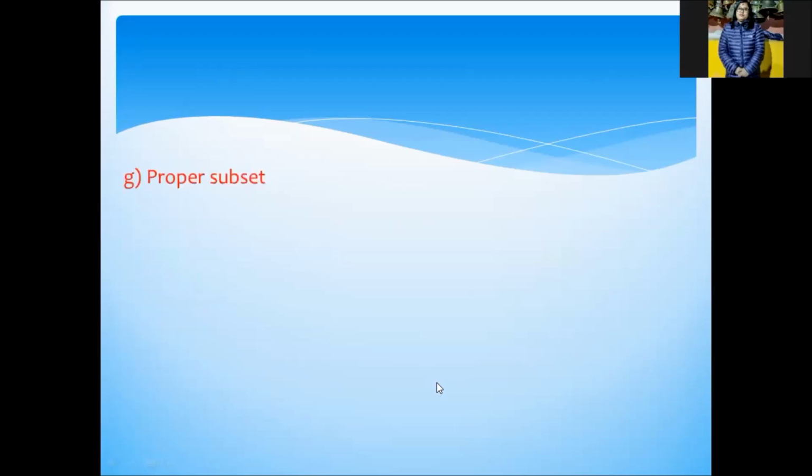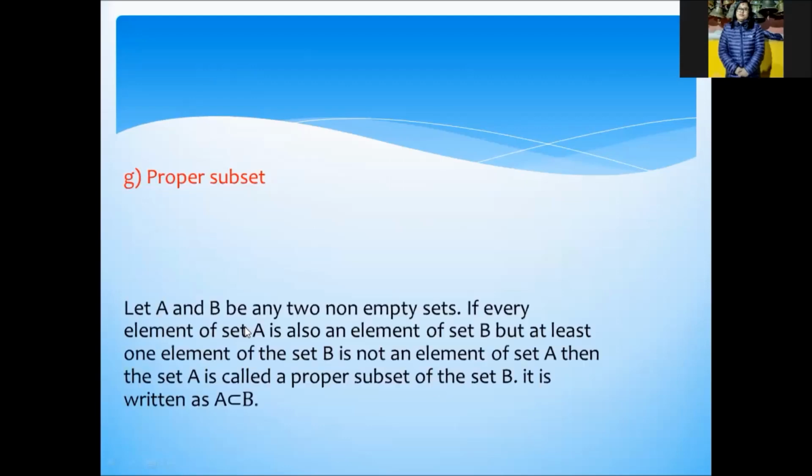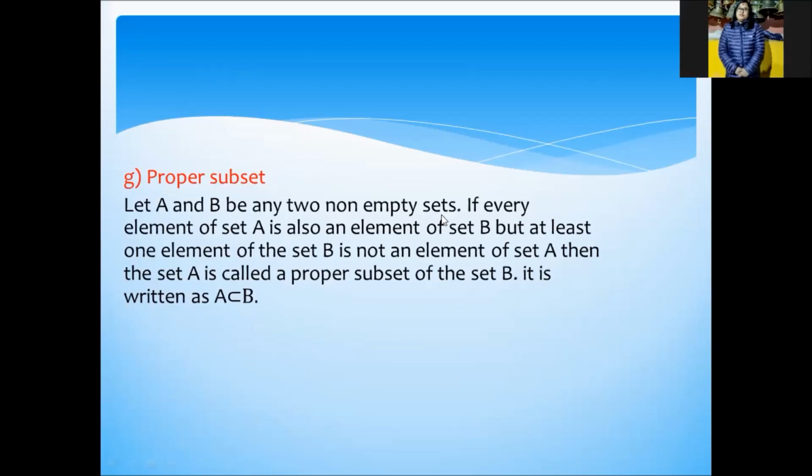proper subsets. Okay, what does proper subset mean? Let A and B be any two non-empty sets. If every element of set A is also an element of set B, but at least one element of the set B is not an element of set A, then the set A is called a proper subset of set B. It is written as, okay, see on the screen.